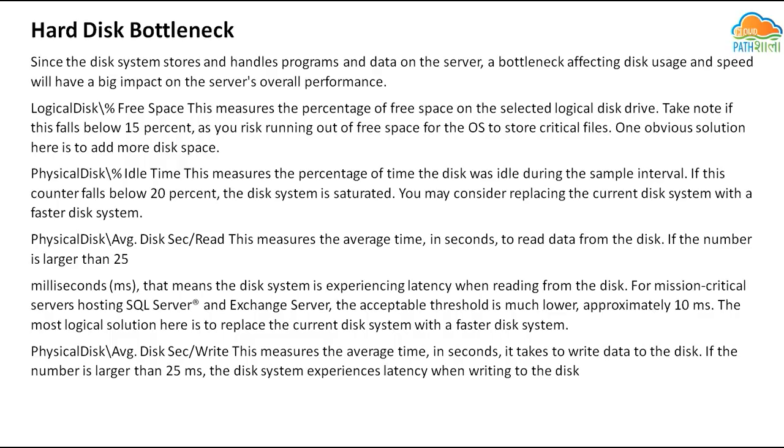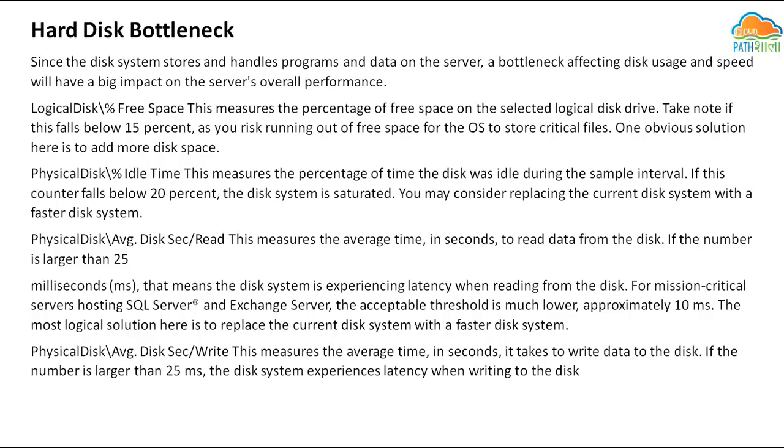But when we come to servers where thousands of users are logged in at any point of time to access files, for example Exchange server or SQL server, where we have multiple data reads and writes all the time, then this value should be approximately 10 milliseconds.